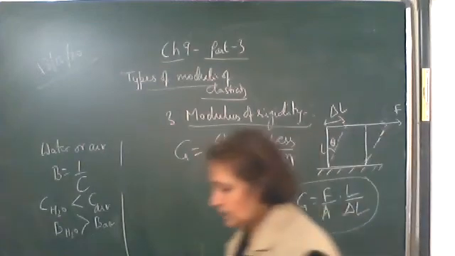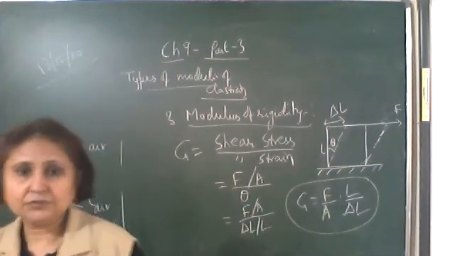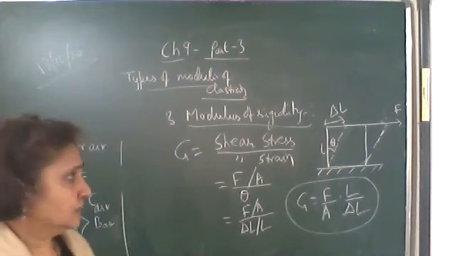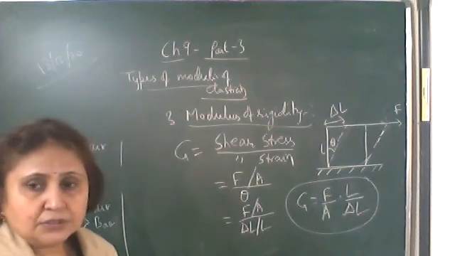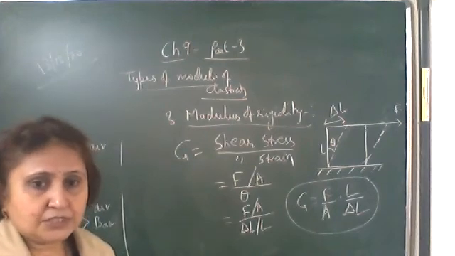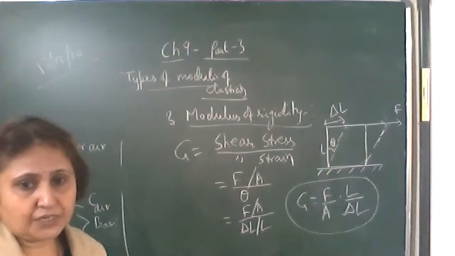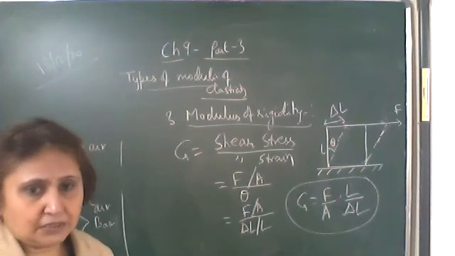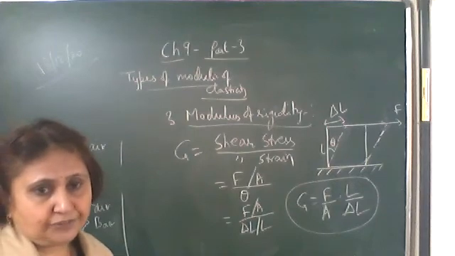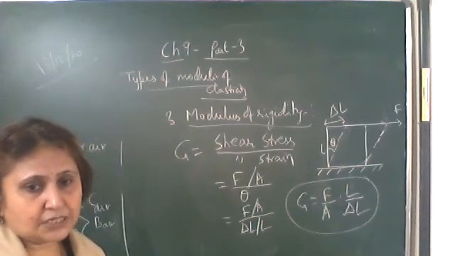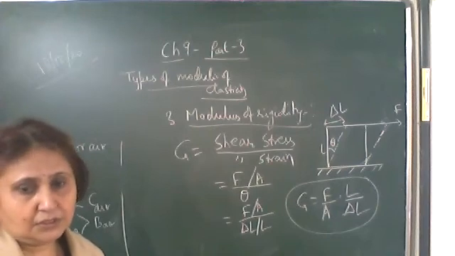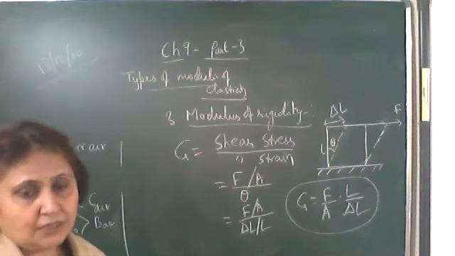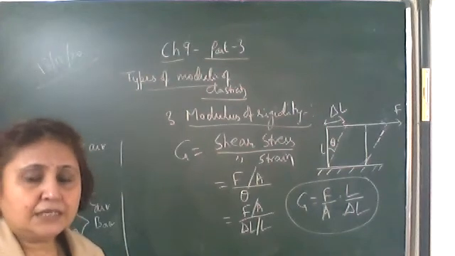So note it down and draw the figure also. This expression is the same as Young's modulus of elasticity, but there the force is mg, the weight which is hung at the free end of the wire. Here the force is the tangential force. There the area is the cross-sectional area of the wire, which is pi r square.